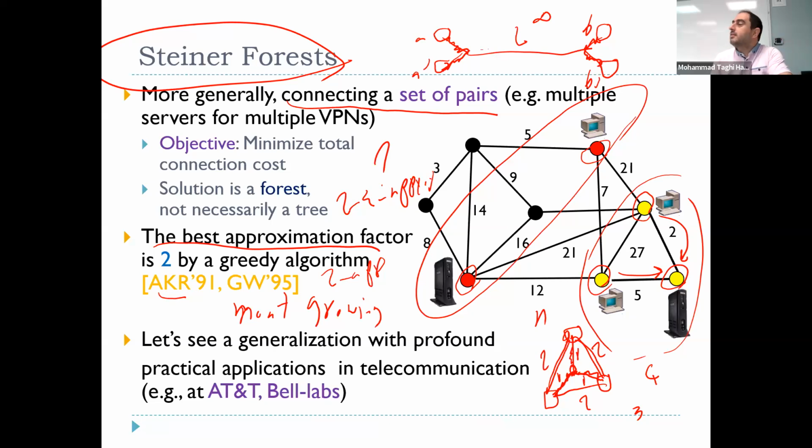For Steiner forest, there is none. Only this algorithm of Goemans-Williamson, or AKR, gives a 2 approximation. And it was non-trivial even at that time. Again, the analysis is not trivial, and AKR especially is relatively complicated. Goemans and Williamson made it much nicer and cleaner, and we have a good understanding of that. But there is nothing better than two.